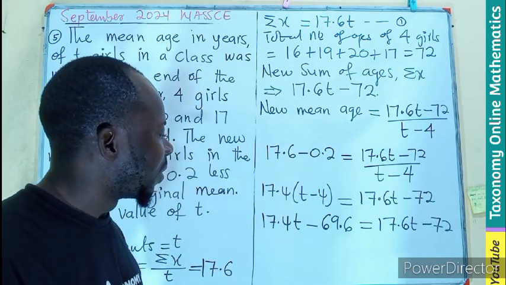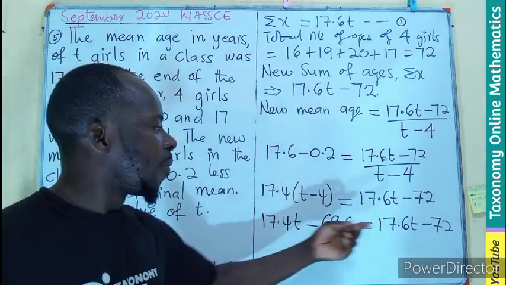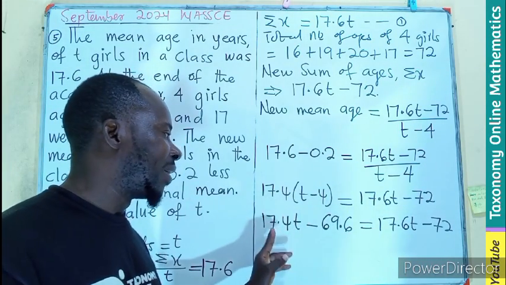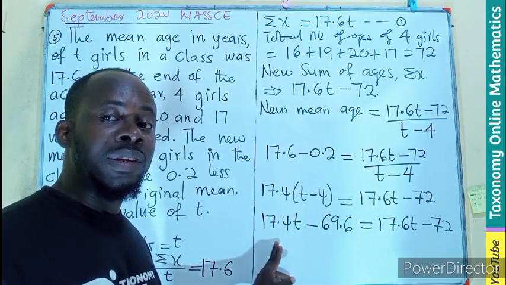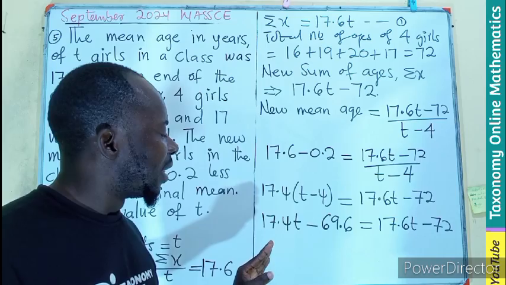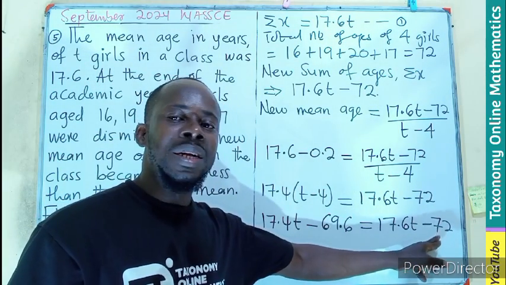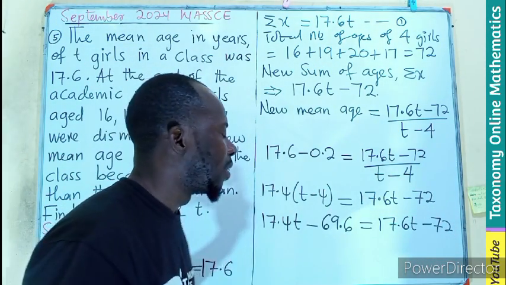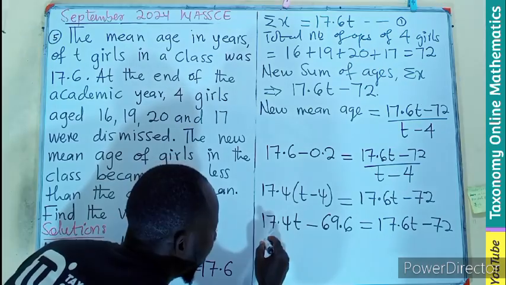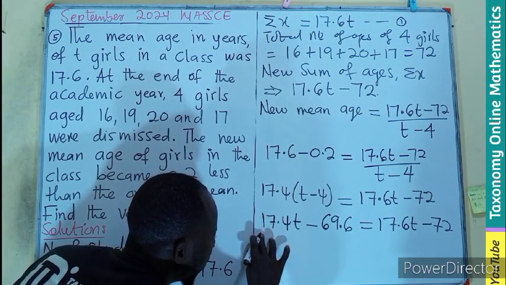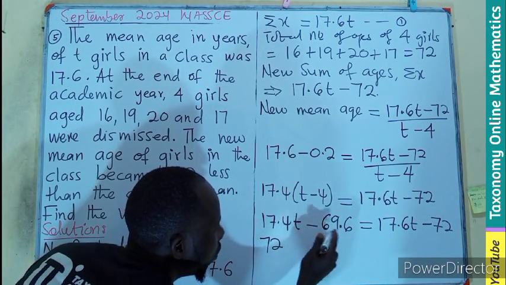So now we see T. We group like terms. I can see this is less than this. So I'll be subtracting 17.4 T from both sides. Then I'll also be adding 72 to both sides, meaning 72 comes to the left as positive 72.